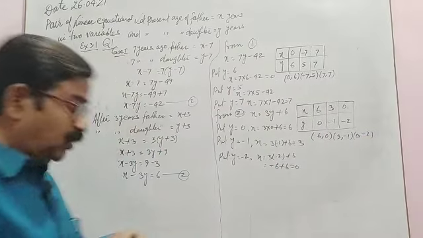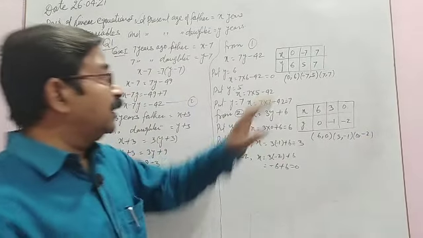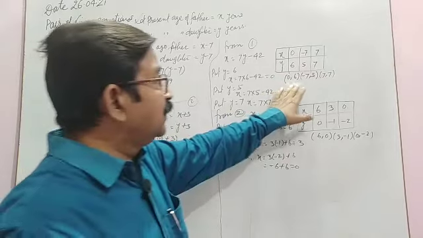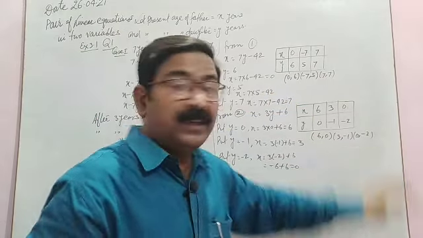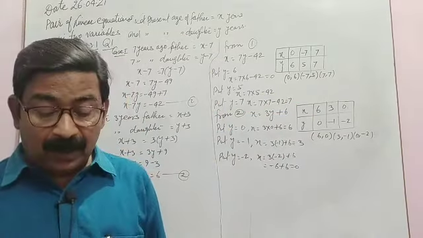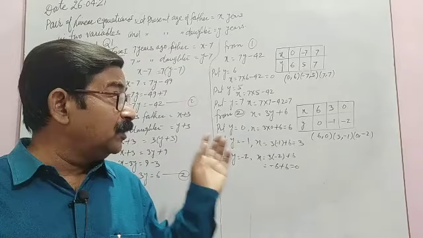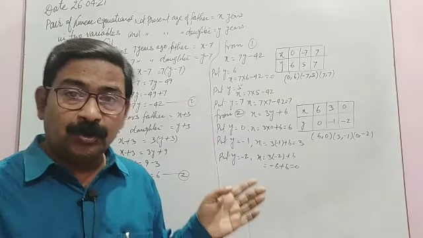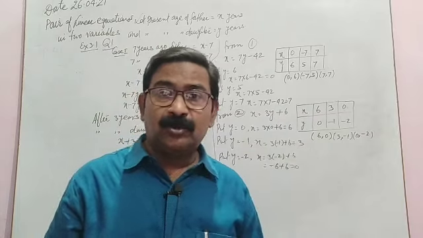So we have got the solutions of the equations, 3 points here and 3 points here. Now you are aware how to plot the graph. I have shown it in the previous question, and in class 9th also you have been taught.